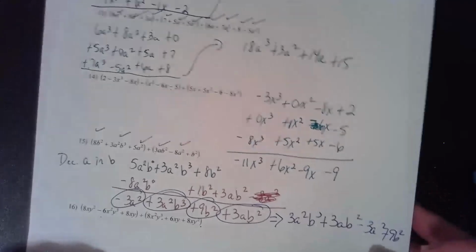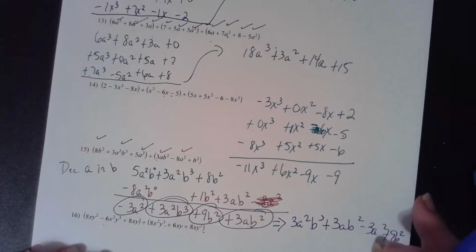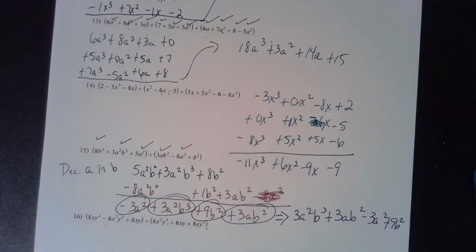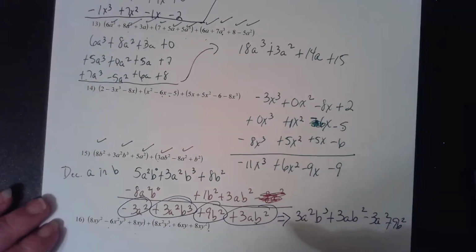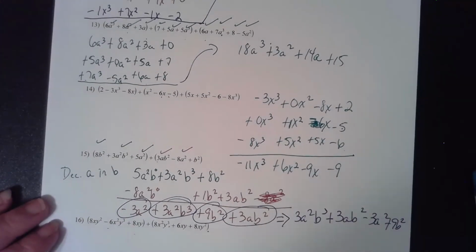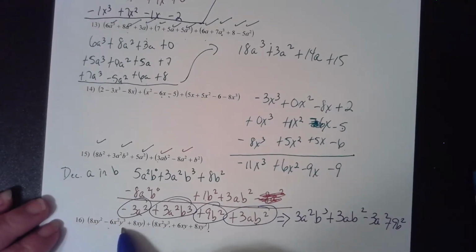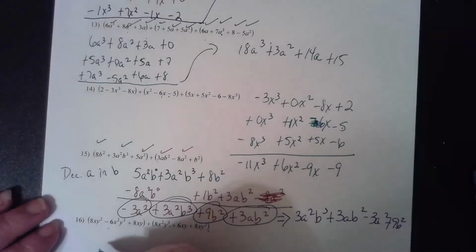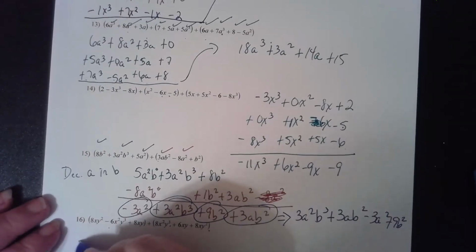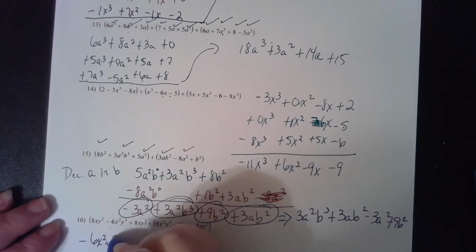And the reason I say you want to watch for patterns is sometimes they will actually add out. They'll be add-ins of each other, and so you'll end up with a constant value of like 1 or 0 or 5 or something like that. Okay. All right. So my highest degree is the x squared y cubes. So negative 6x squared y cubed.